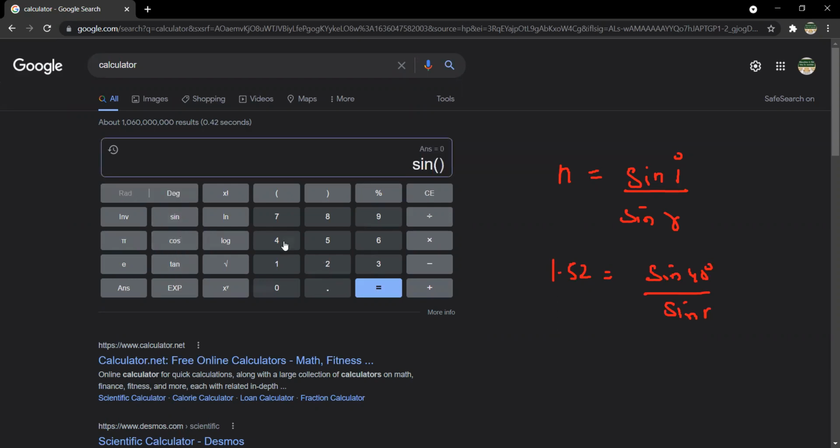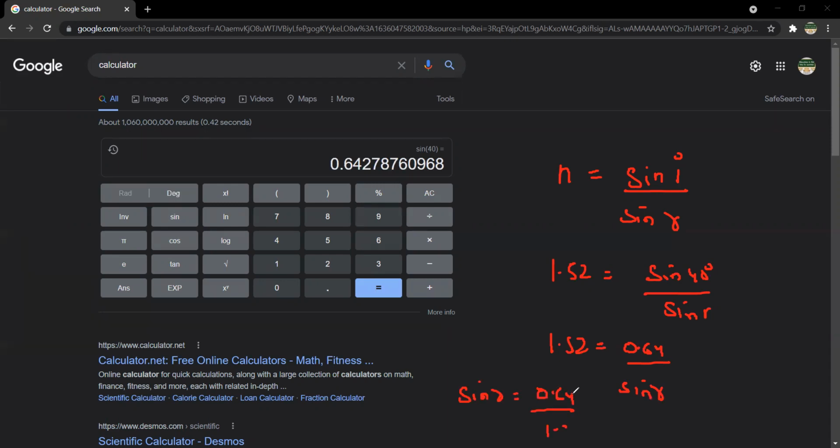So sin 40, that is 0.64. So 1.52 is equals to 0.64 divided by sin r, or sin r is equals to 0.64 divided by 1.52. That's equal to 0.42. So the value of sin r is equals to 0.422.